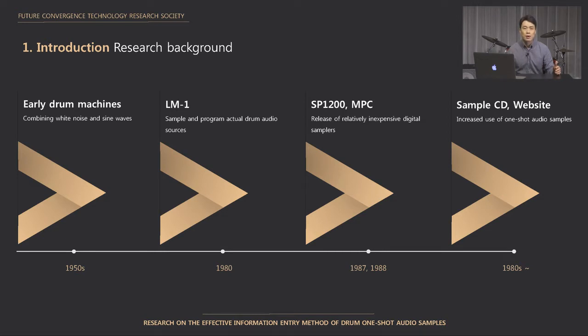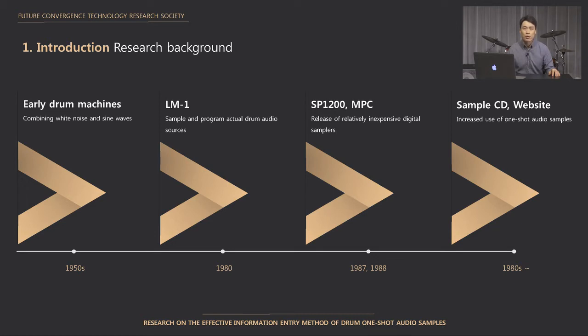Since then, with the release of relatively inexpensive digital samplers, such as E-mu's SP-1200 and Akai's MPC, music production using sampling techniques has rapidly increased.